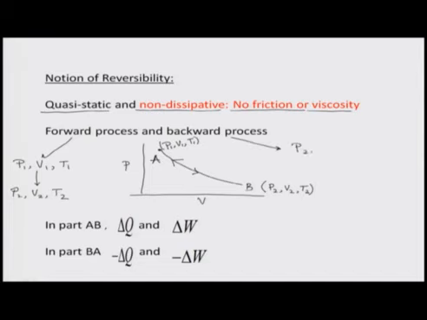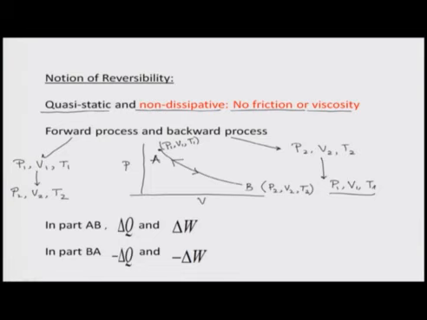I am going from P2, V2, T2 to P1, V1 and T1. A reversible process means these forward and backward processes are completely equivalent.